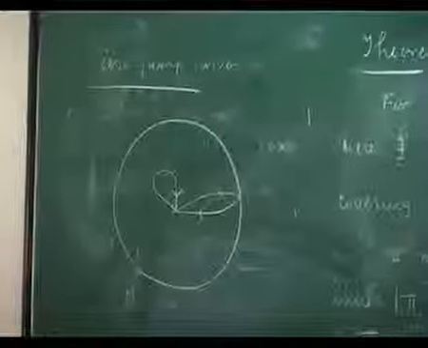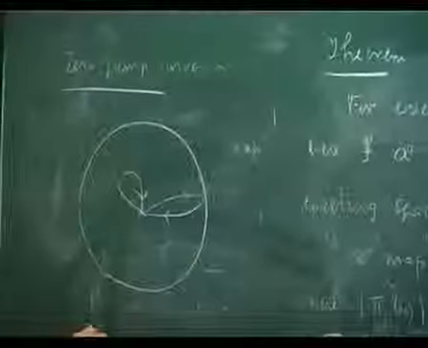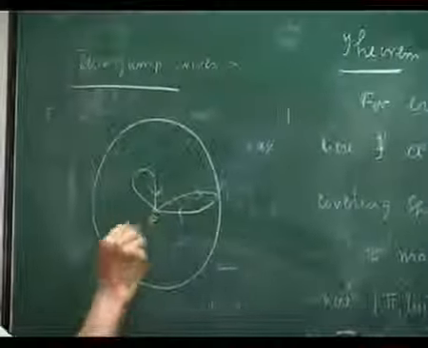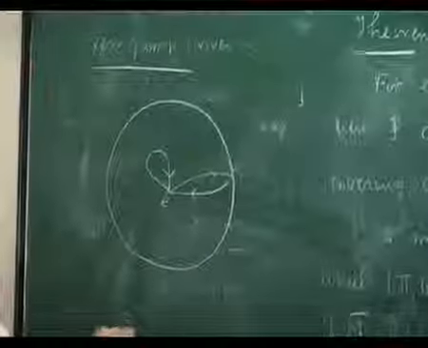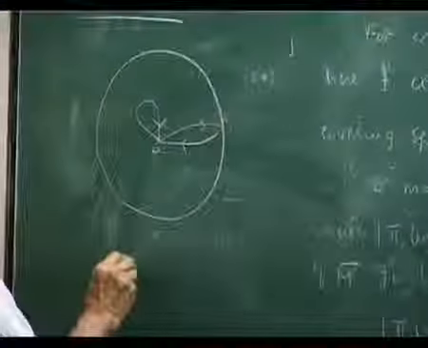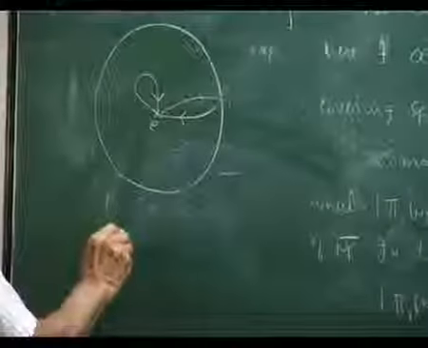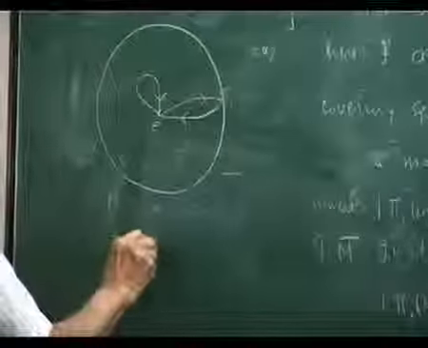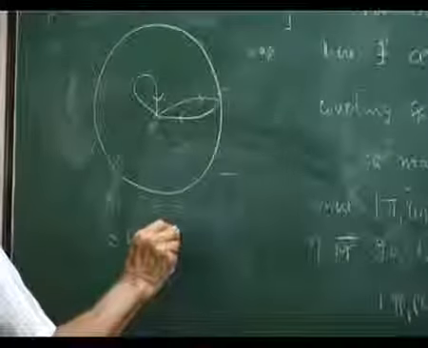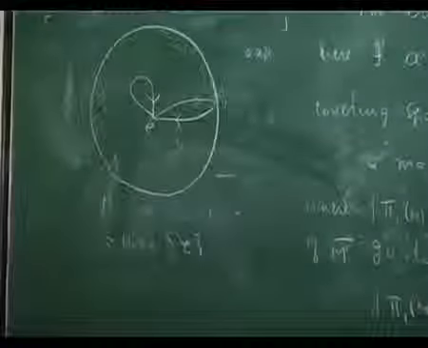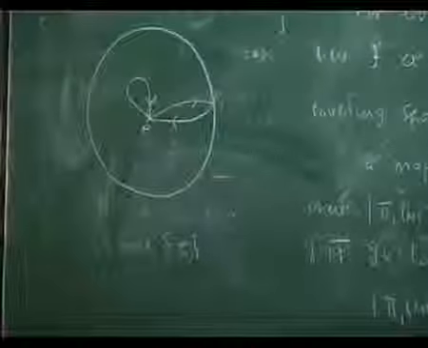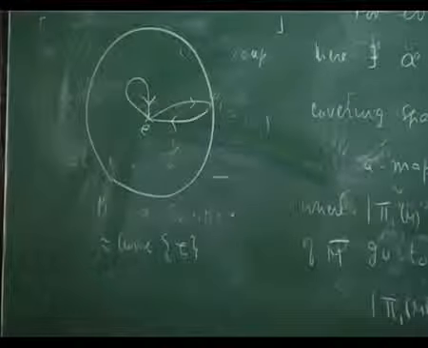They are all zero jump curves. They are all homotopic to a point, homotopic to the identity, where the full circle goes to a single point.